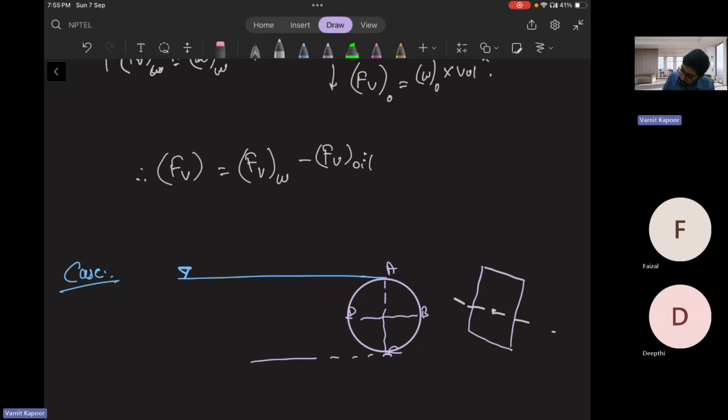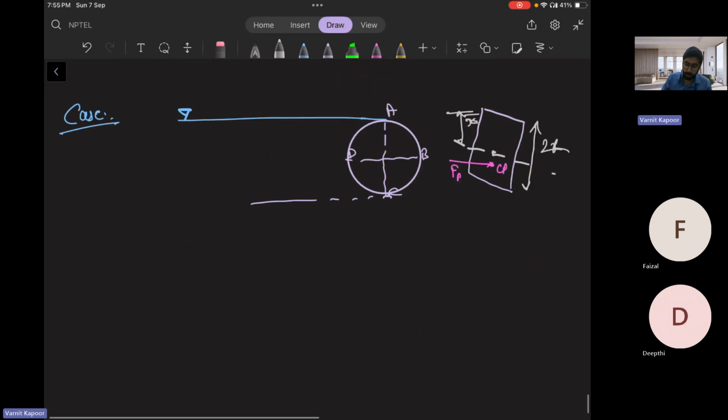So it is x bar, okay, and FP will be acting here at CP, that is h bar again, and the whole of this will be of length 2r. Radius of a cylinder is r, so height is 2r.